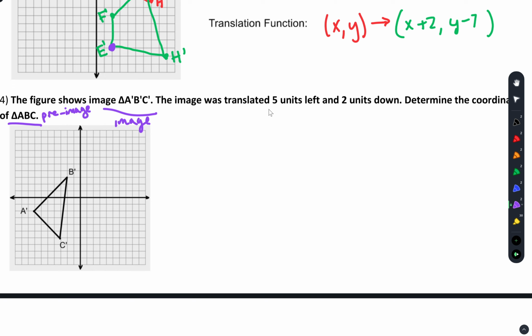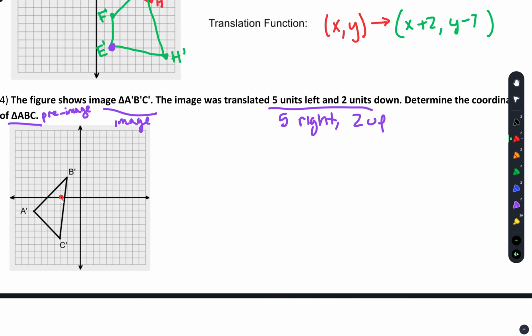It's telling me that my image was translated 5 units left and 2 units down, so I need to move the image backwards 5 to the right and 2 up. Let's do that for every vertex here.